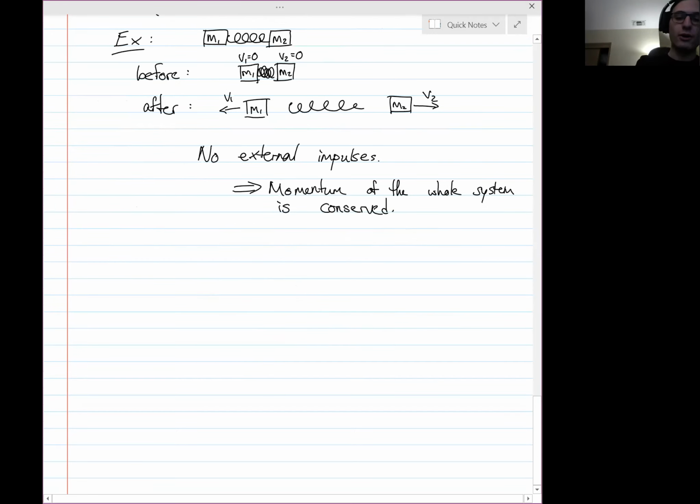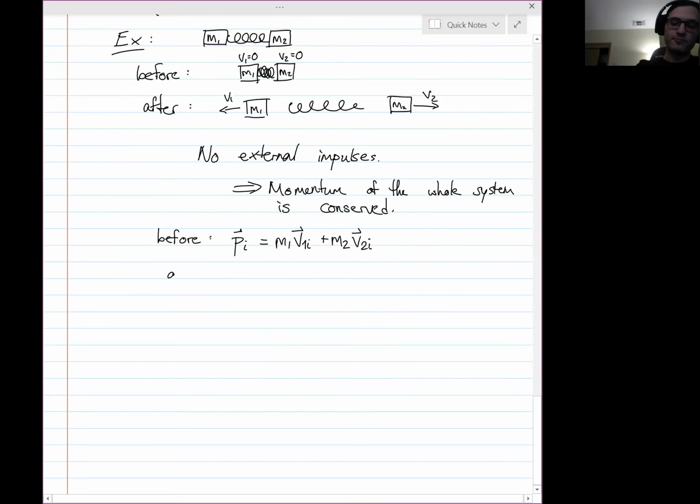So before, our momentum was, let me write, Pi. This was m1 v1i plus m2 v2i, i for initial. That was our initial momentum, right? It's just the sum of the momenta of the components.